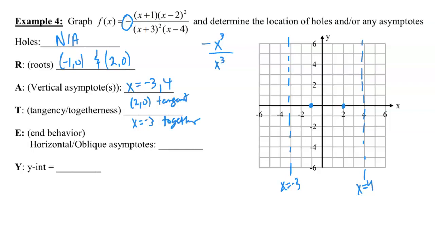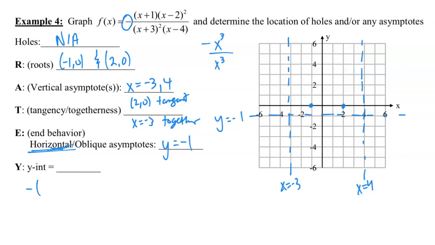And so the exponents are the same. We're going to divide the coefficients and get y equals -1 as our horizontal asymptote. Okay, so y equals -1 right there. Let's see if we can do a little better job underlining that word. There we go, horizontal.